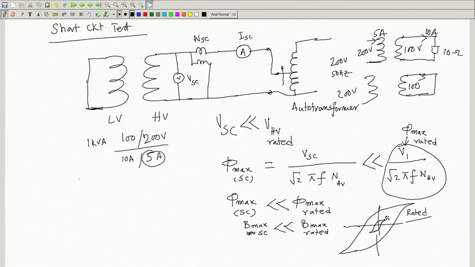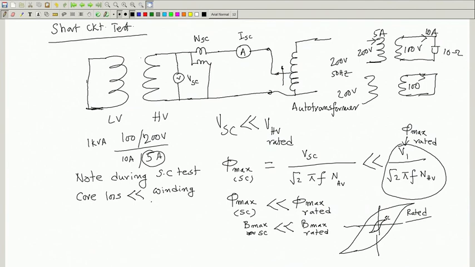Therefore, it is worth writing, during SC test, core loss will be much less than the winding copper losses.